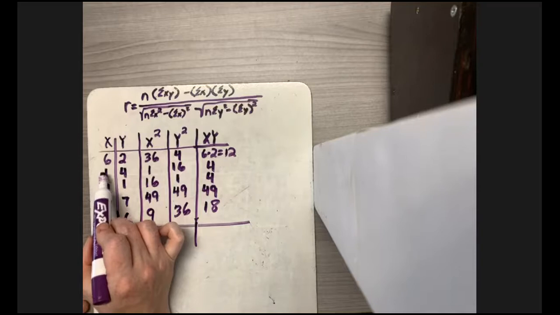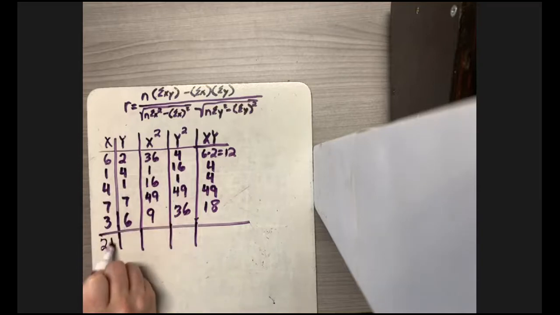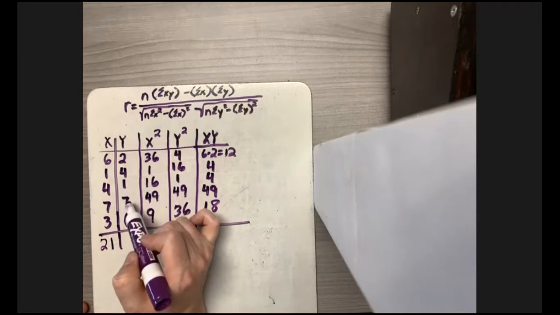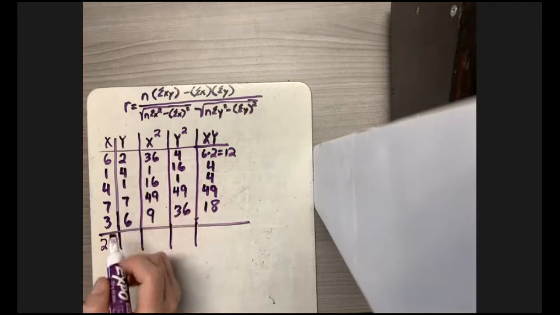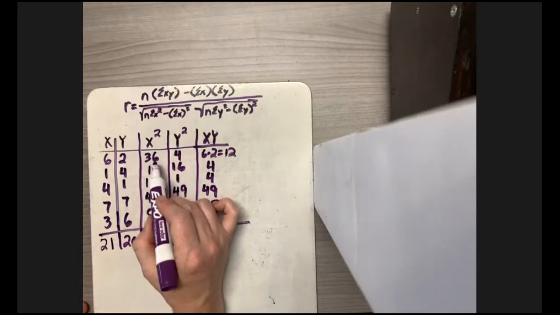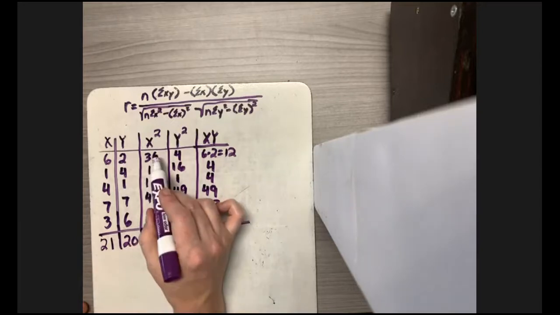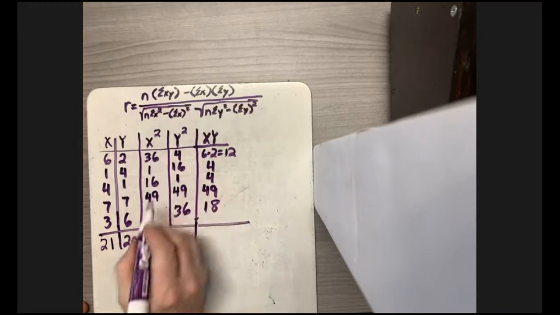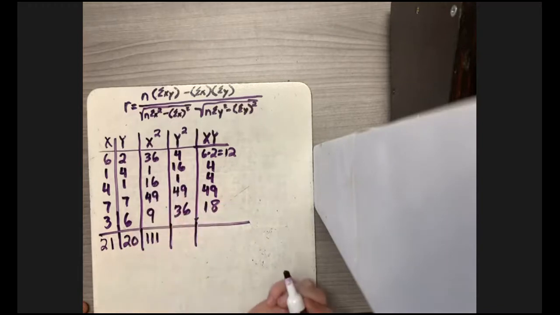So that's going to be 21 for my X's. I've got 10, 17, 20 for my Y's. Here I've got 10, 46, 111 for that one.